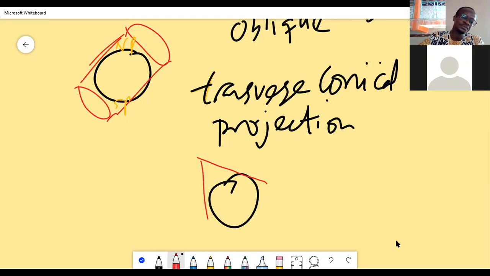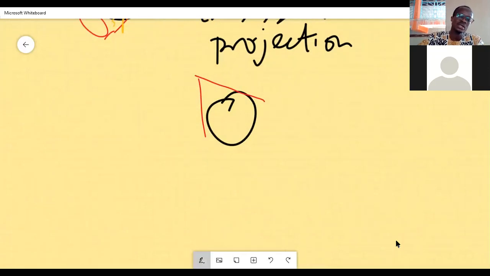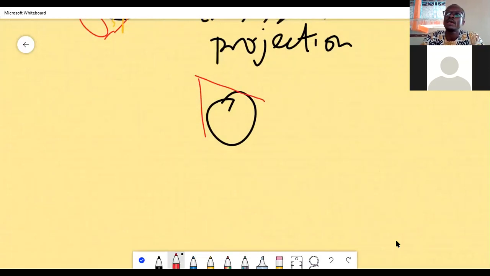So you're going to have more distortion for any country. So that's why you want to localize the projection. If you want to develop a coordinate system, it has to be for a smaller area. Okay. All right.